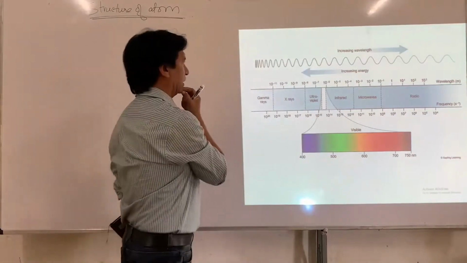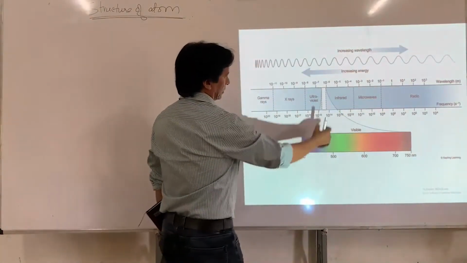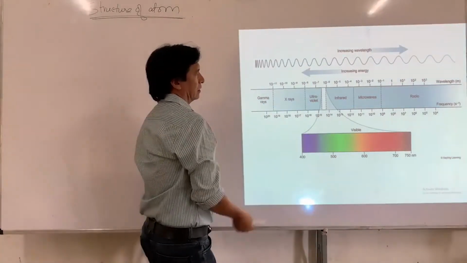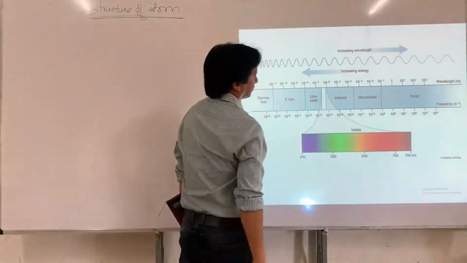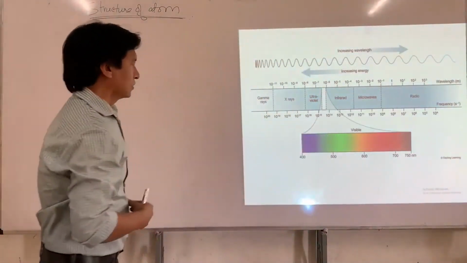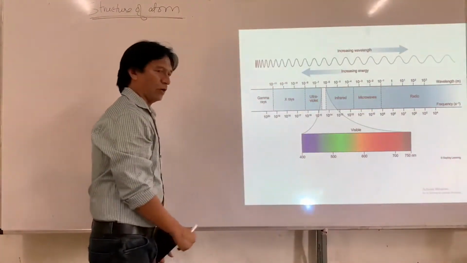And then next you have the infrared radiation, which is associated with heat. Then you have the microwaves, and then the radio waves coming that side. So these are the different types of electromagnetic radiations that you have.